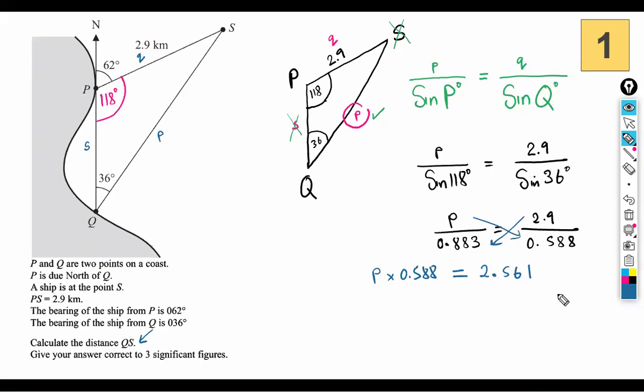I hope everyone is seeing things very close to that. You want to solve for common P? Throw across and divide. Let's see what we get for common P here. Common P is 2.561 divided by 0.588.